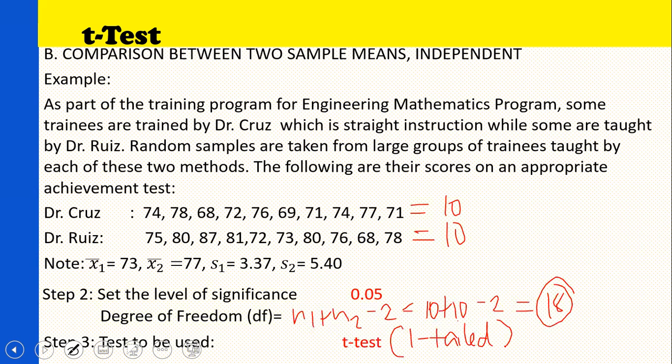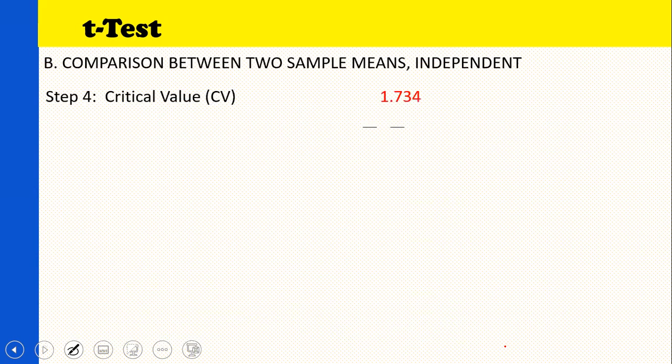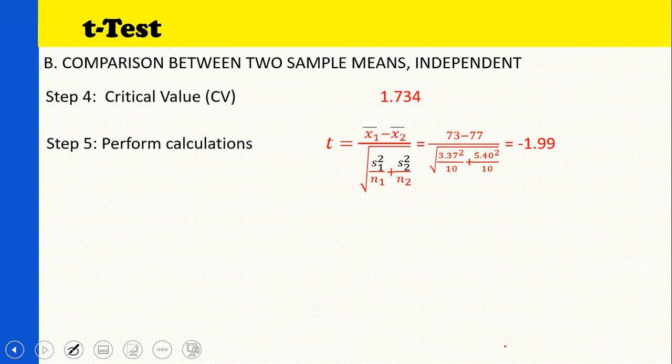How about for the critical value? Using our t-distribution table, we have 1.734. And how about for the calculations?